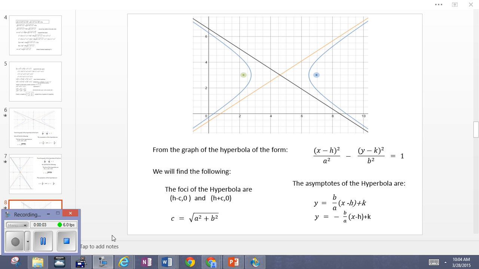Okay, now in this video, we want to again work along with our PowerPoint presentation and Desmos files to discuss hyperbolas whose center is no longer at the origin. So we now have hyperbolas whose center is at some point (h, k).